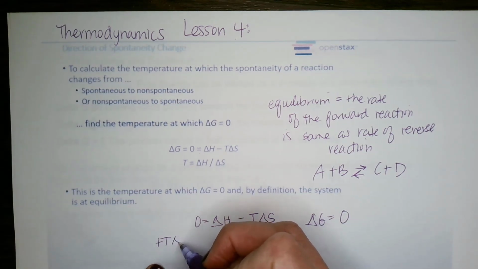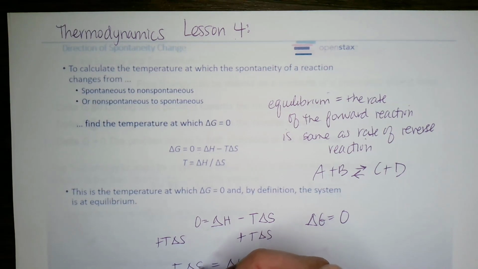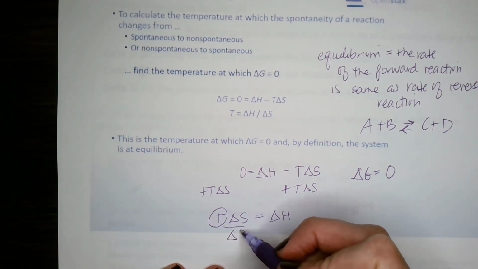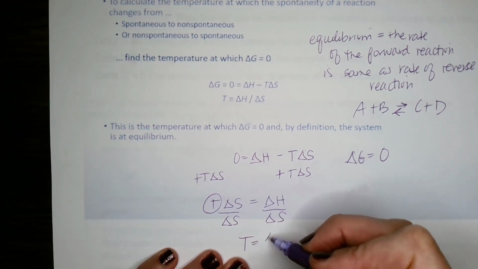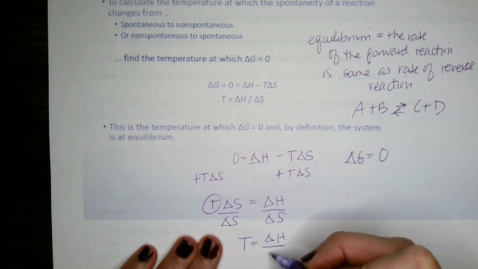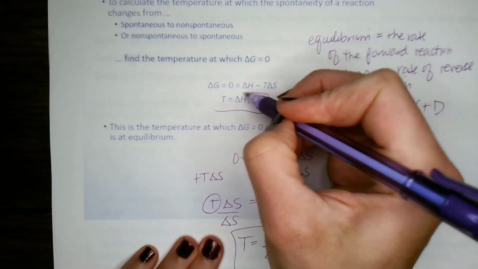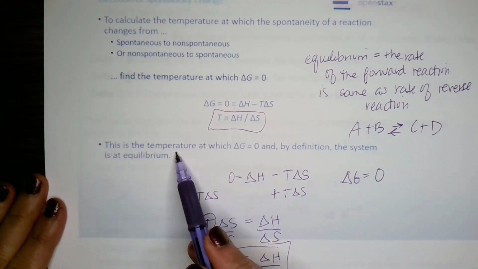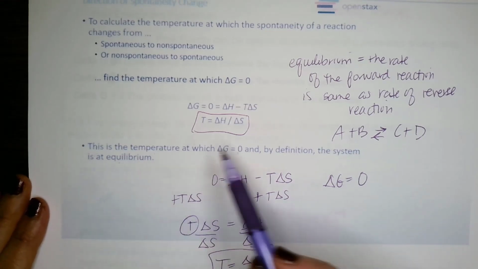We're then left with only delta H on one side equal to T delta S, and we can get T by itself by dividing both sides by delta S. So T is equal to enthalpy divided by entropy, as we see right here. So again, at the temperature at which delta G is 0, by definition, the system is in equilibrium.